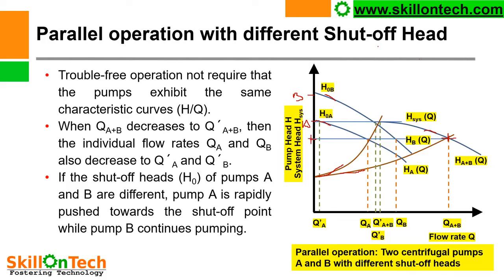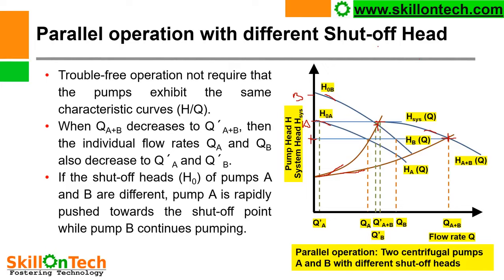But when we operate both pumps in parallel at this point, pump A will immediately reach shut-off head and pump B will continuously pump. Pump A will not pump because it will not be able to open its check valve, because the pressure head is a little higher due to pump B being in operation.